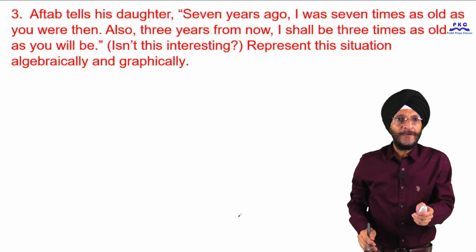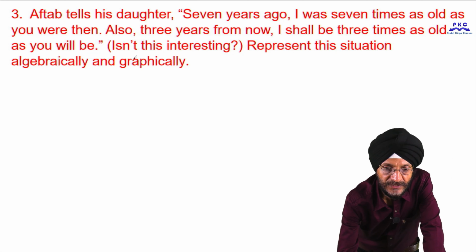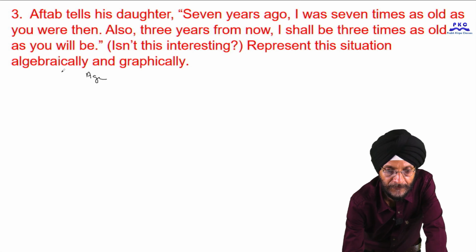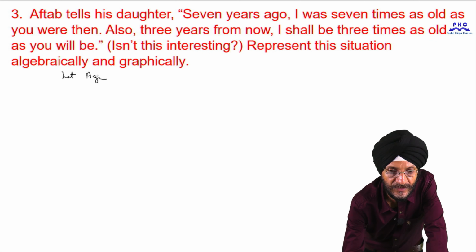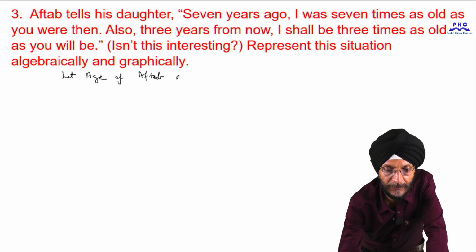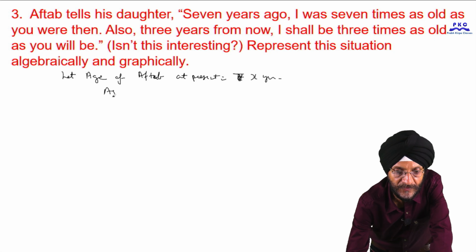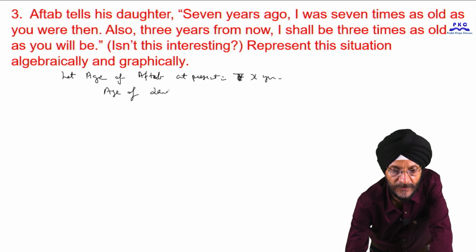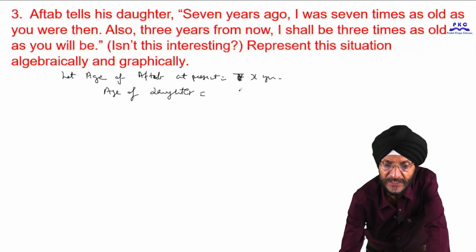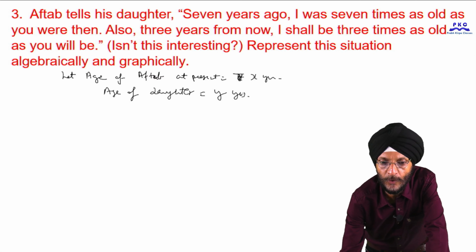Now we come to the next, 3 years from now. What is the age which we have taken? Let the age of Aftab at present, as already discussed, we had assumed to be x years. Age of daughter, that is the current age, is y years, which we have assumed already.